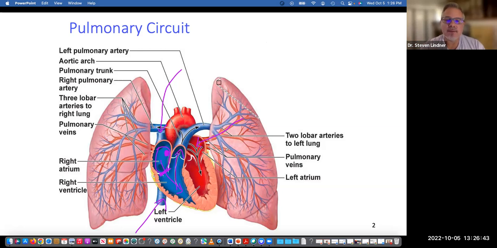So the pulmonary veins bring the oxygenated blood to the left atrium, down into the left ventricle. Again, the left ventricle contracts inferior to superior, forcing the mitral valve shut and forcing open the aortic semilunar. And now we're pushing blood into the ascending aorta, into the aortic arch, and then down into the descending aorta.